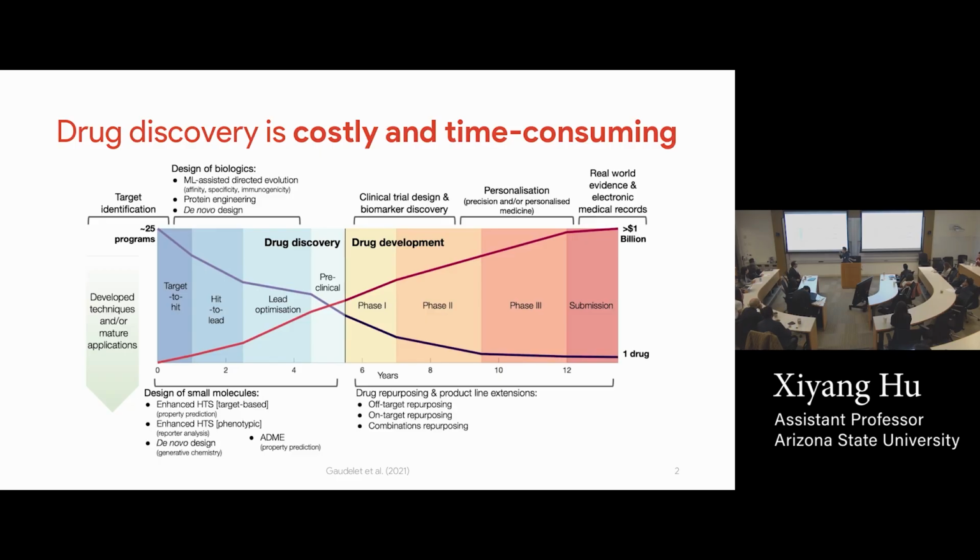Once we have a promising molecule, before we can start experiments on human beings, we need to go through a stage called preclinical trial. There are two types of preclinical trials. The first kind happens on lab dishes, where we use cells to test the drug.